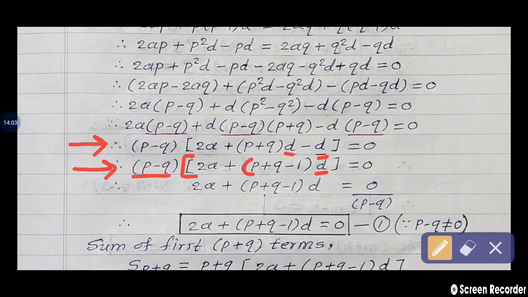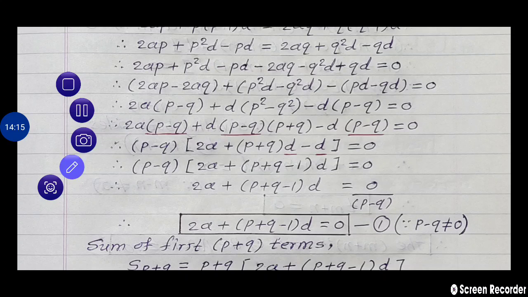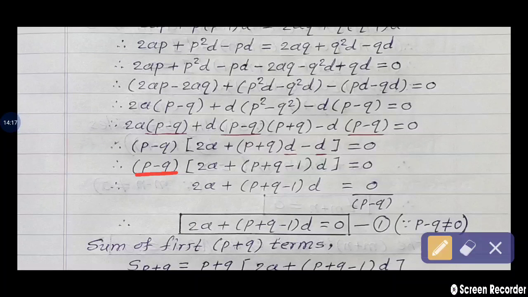Check now. p plus q, and d is common, so minus 1 remains, is equal to 0. Next step, this bracket p minus q is multiplied here. Shift it to the right hand side in the next step. So only this bracket remains: 2a plus p plus q minus 1 into d is equal to 0.